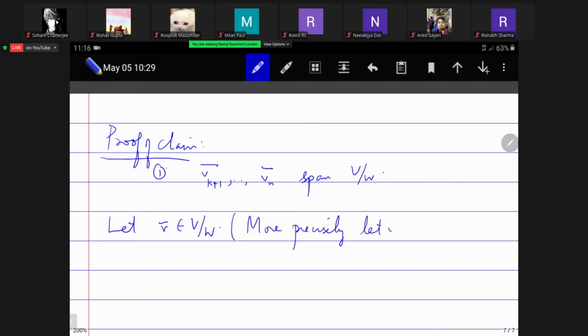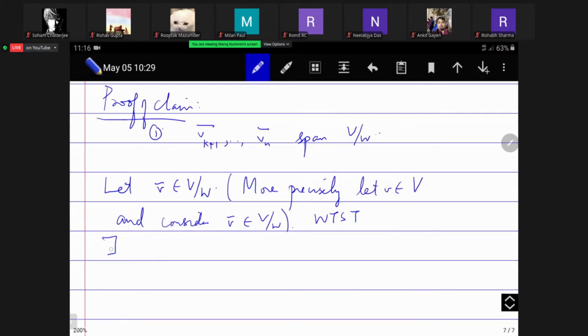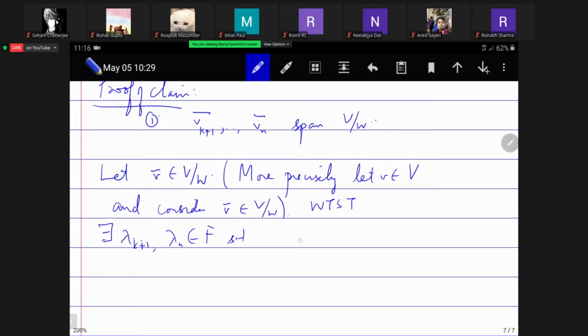We want to show that there exist lambda_{k+1} through lambda_n inside F, such that v bar equals the sum of lambda_i v_i bar. So this we want.